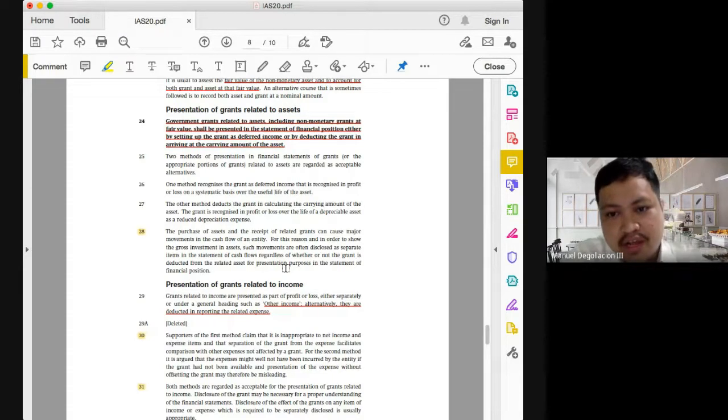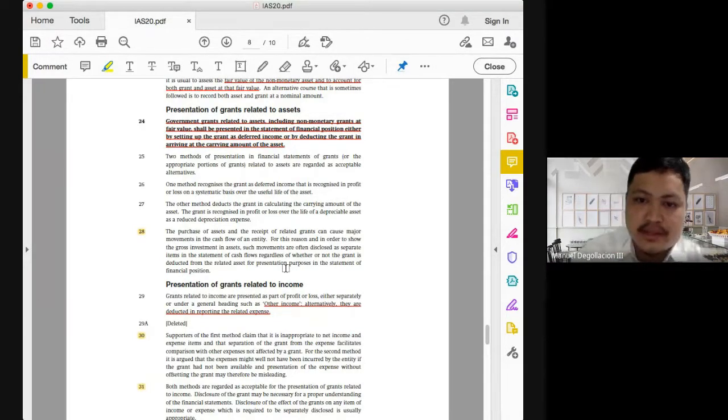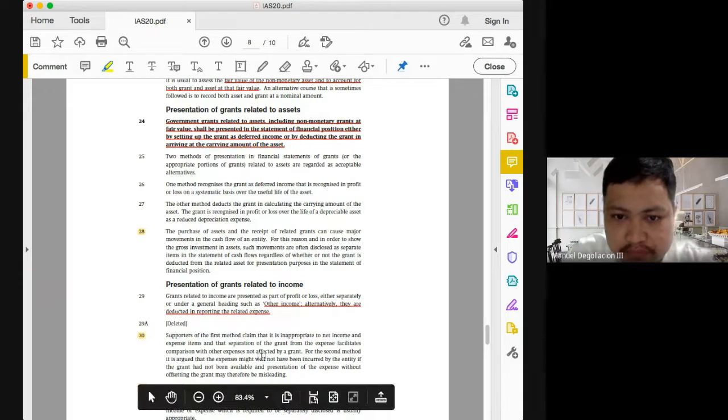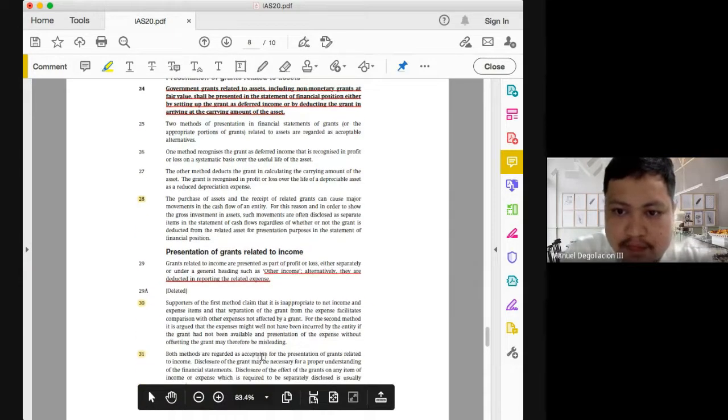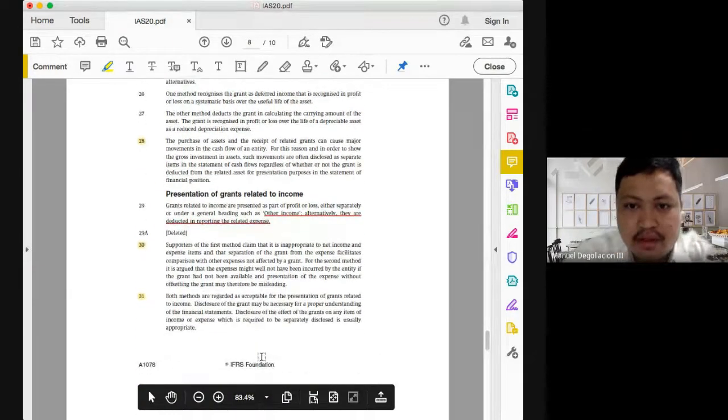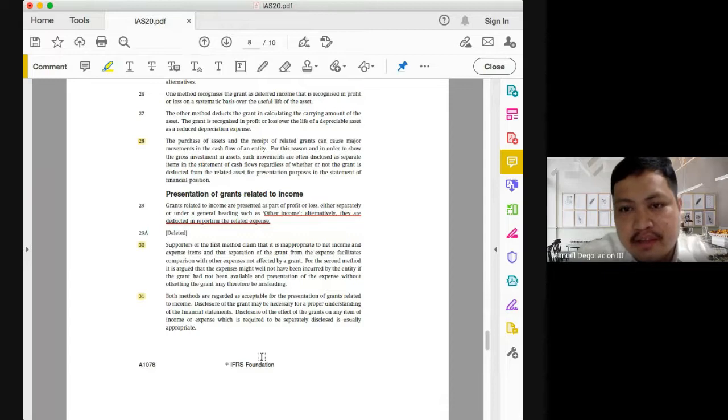Okay, your other income would be your catch-all basket class for other sources of income that will not be presented separately. Okay, please take note of the reasons or the arguments in support of presenting the grant as a separate line item, and for those in support of presenting it as part of your other income.